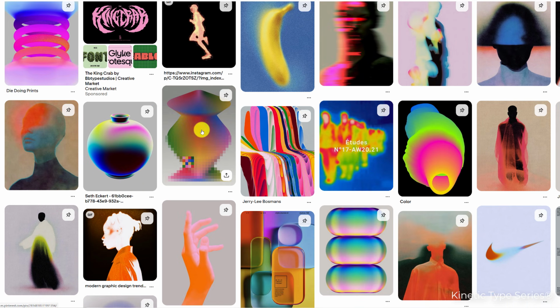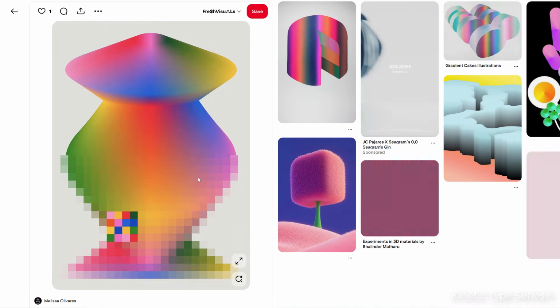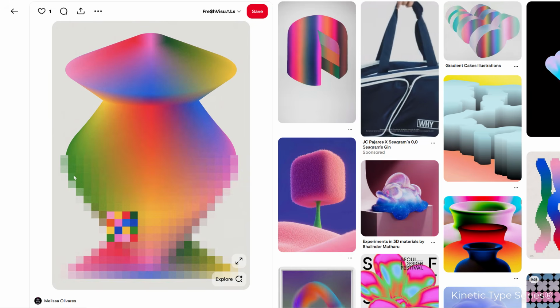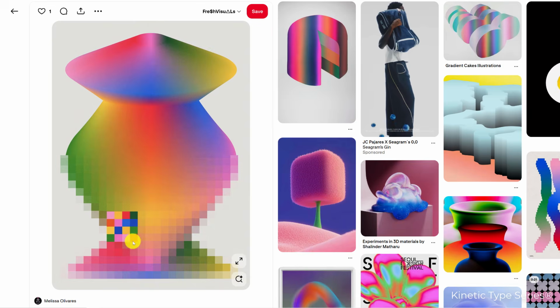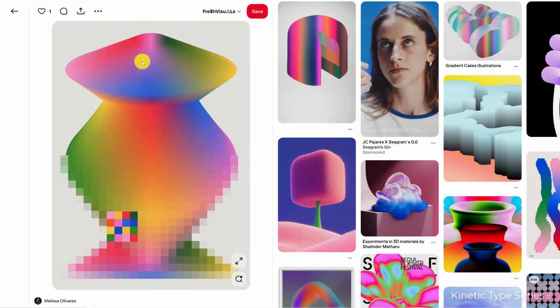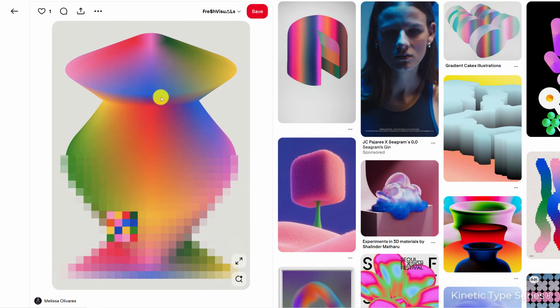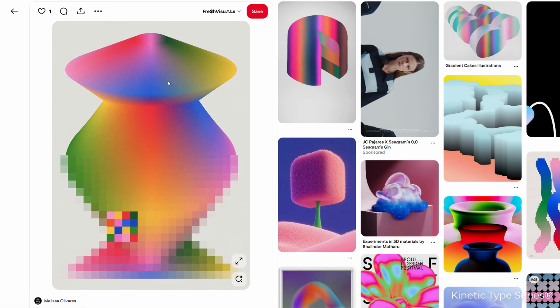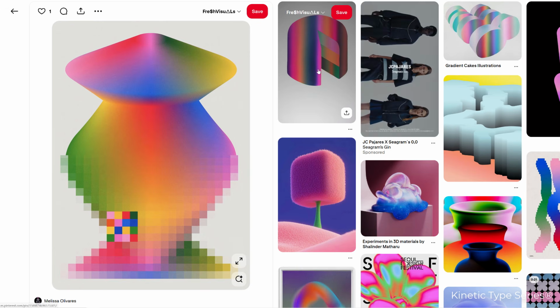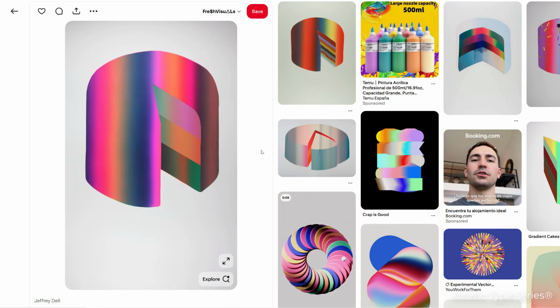So for example, this thing that Pinterest, or the algorithm, is proposing to me doesn't fall into this category because it has this concrete pixel kind of aesthetic in the upper part of this image. It falls very well into the digital vagueness category, but I think this one here is better for that.